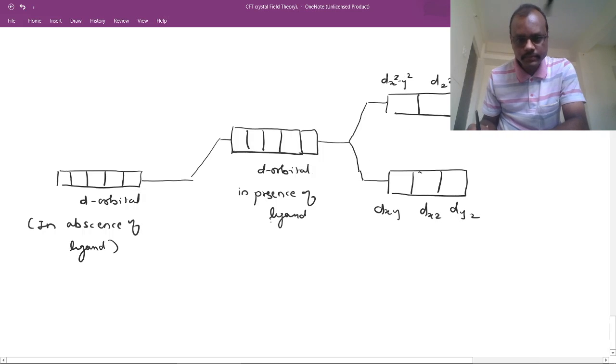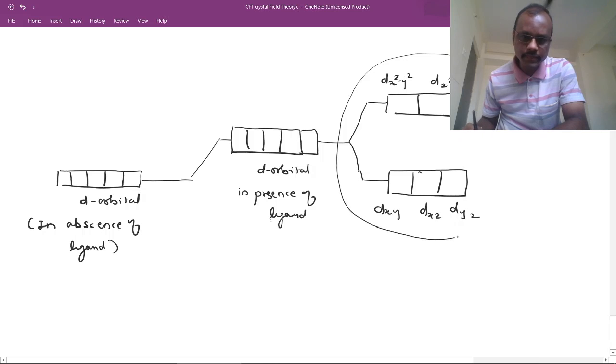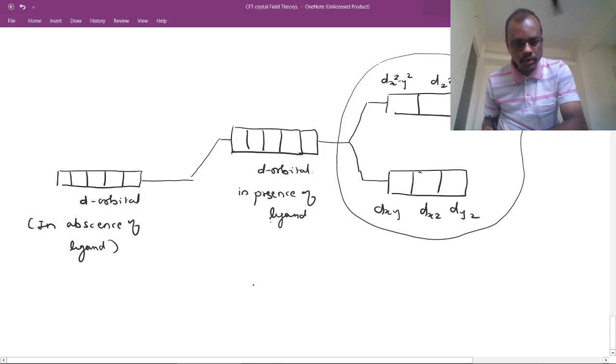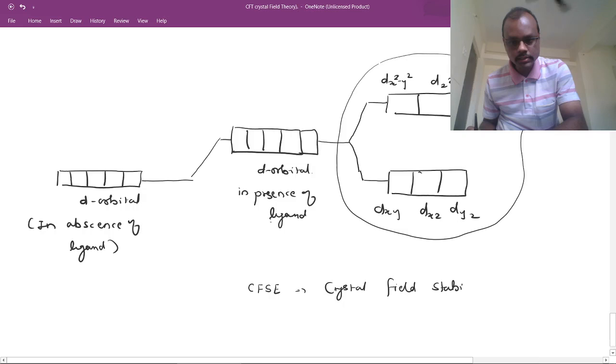Now, in order to stabilize this field, the extra amount of energy required is called CFSE. CFSE means crystal field stabilization energy.